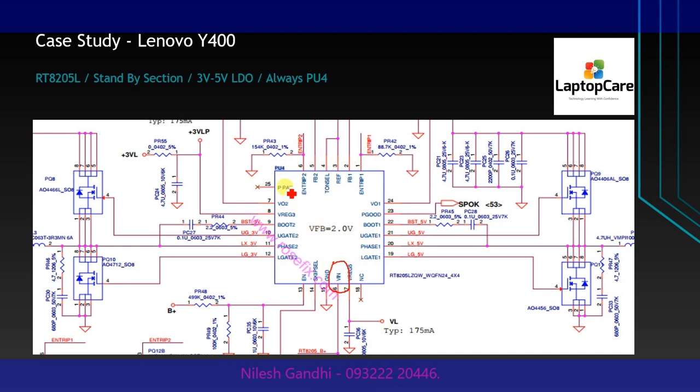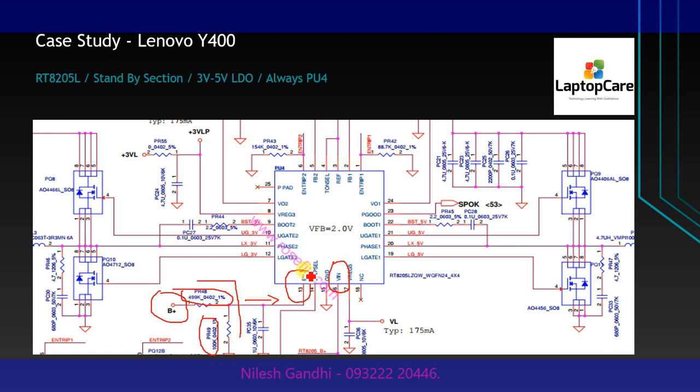Then we went for enable, where we should have some voltage around 4 volt to 5 volt depending upon the voltage divider circuit, which is over here, because this voltage comes directly from the adapter, that is B plus, and via this voltage divider circuit it generates enable.